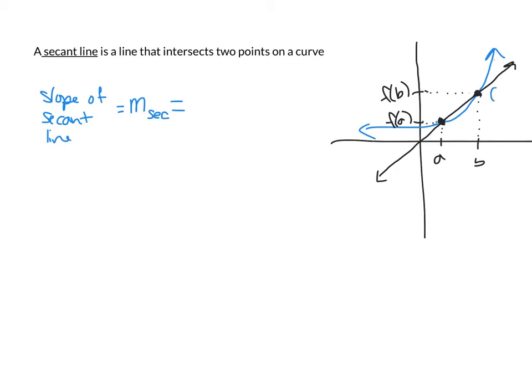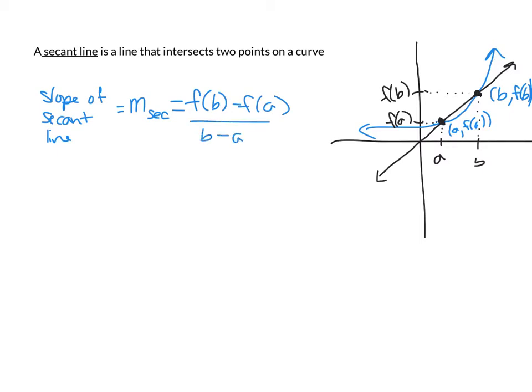Keep in mind this point has x value b and y value f of b, and this point down here has x value a and y value f of a. So we do the same thing as previously to find the slope of the line, which means we're going to do f of b minus f of a over b minus a.